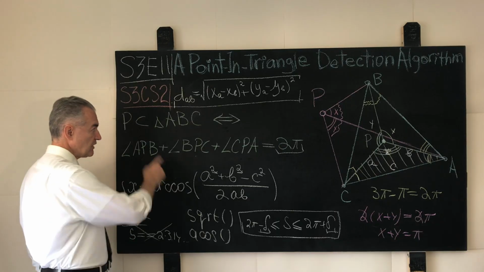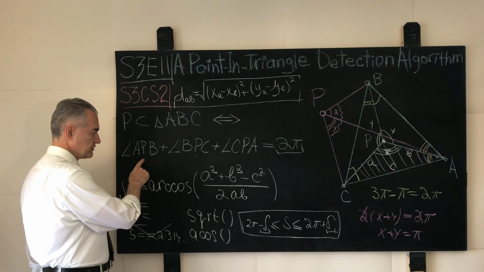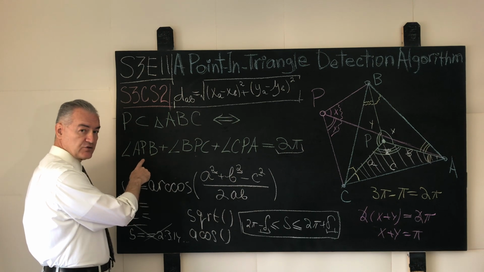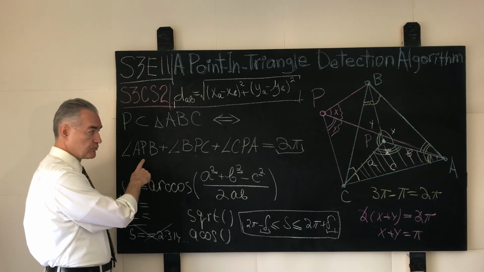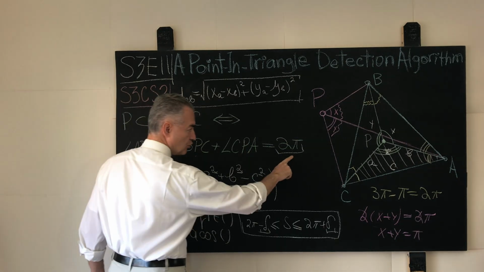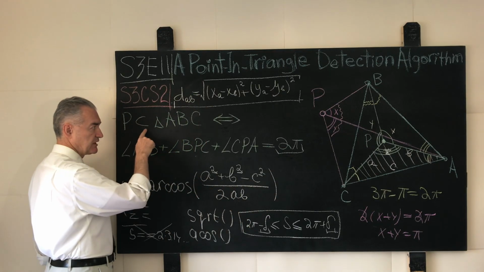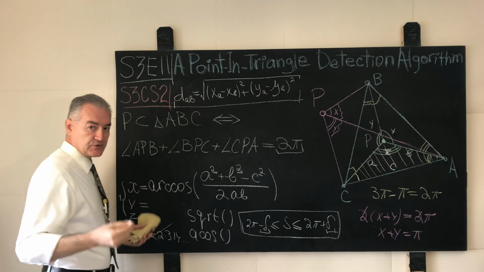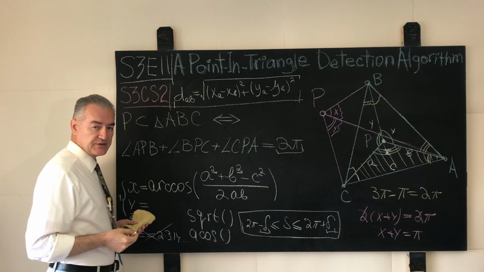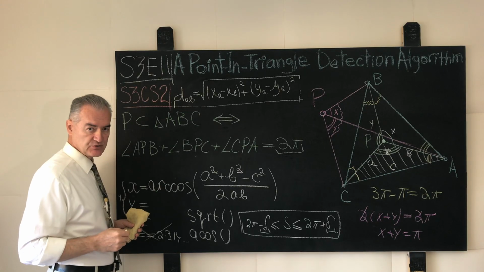Conversely, our statement says that if the angles under which all three sides of the given triangle are seen from the given point P sum to 2 pi, then the point P is located strictly inside of the given triangle ABC. And here, for example, my idea is to, instead of fighting that particular statement, prove the contrapositive, which means what?